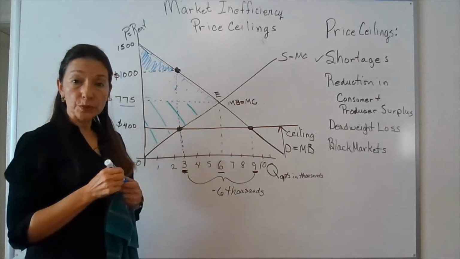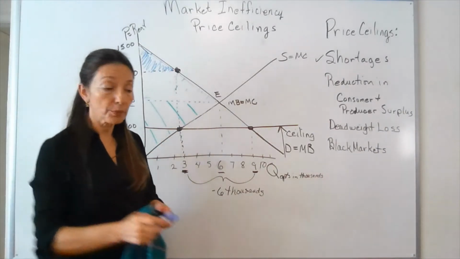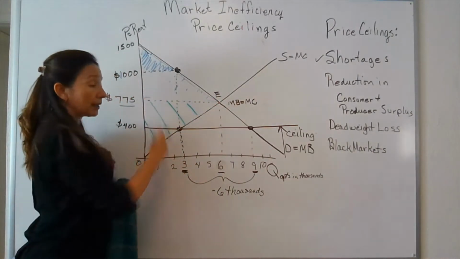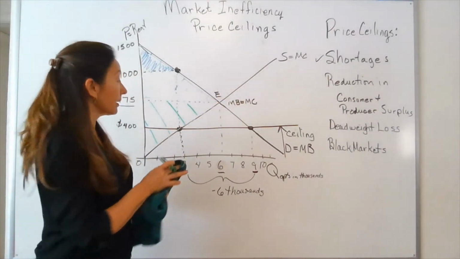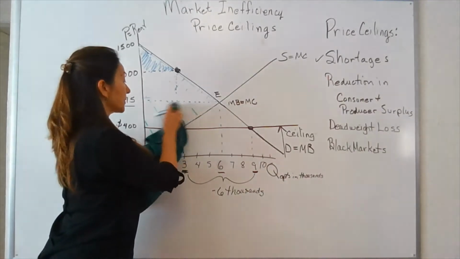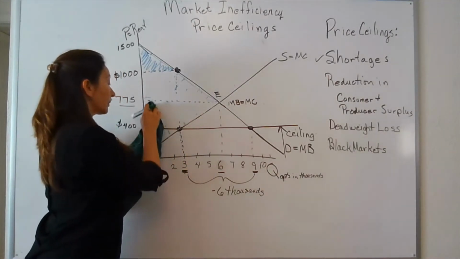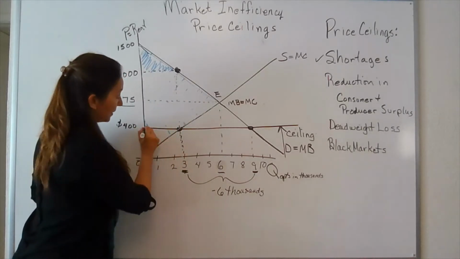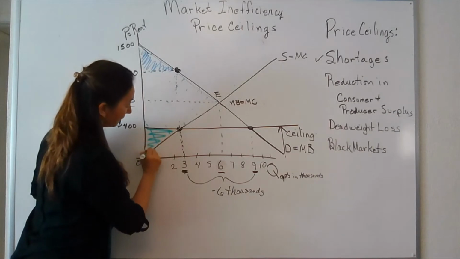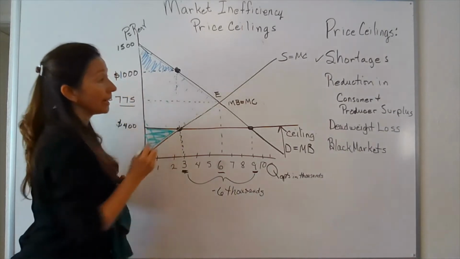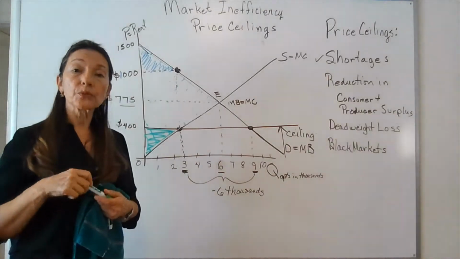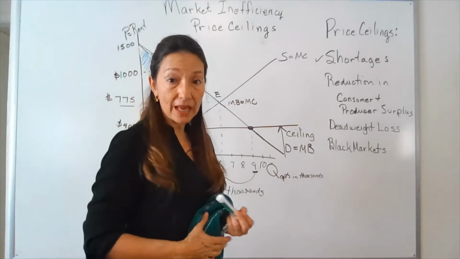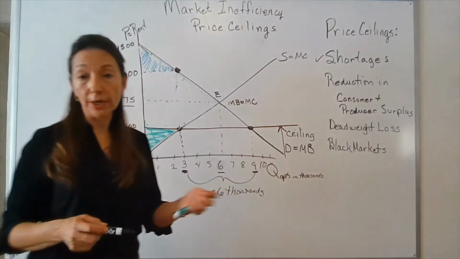With respect to producer surplus, the same thing happens. Our producer surplus is reduced. So now they no longer get this giant triangle of extra value or profit. Their producer surplus is reduced as well, to this very small triangle right here. So a price ceiling is going to reduce both consumer and producer surplus. It's going to reduce that value that both parties get.